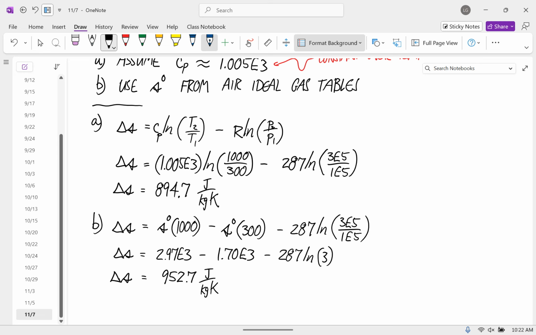So to calculate the percent error, we'll take the difference between those two: 953 minus 895. The difference is 58. Then we'll divide that difference by the one we expect to be right, 953, and you get about 6% error.